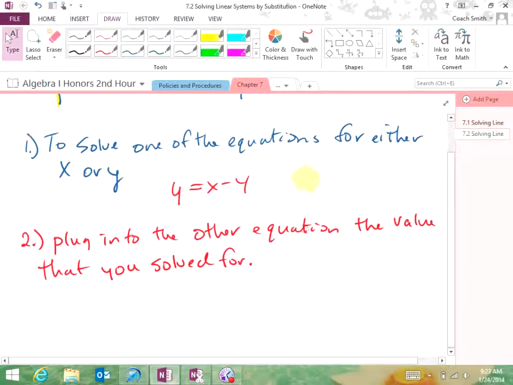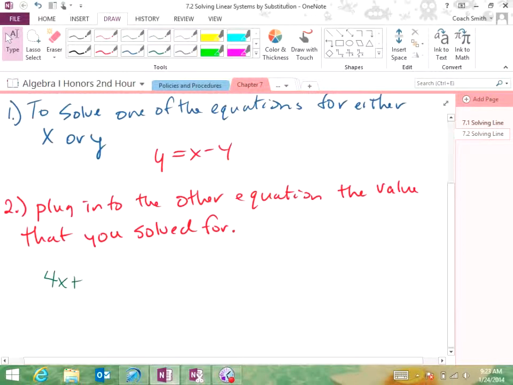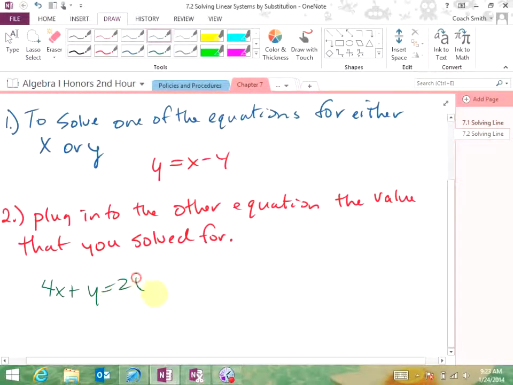So in 4x plus y equals 26, what is it, y? Yeah. Here's what I'm going to do. I'm going to plug in this value for the y.